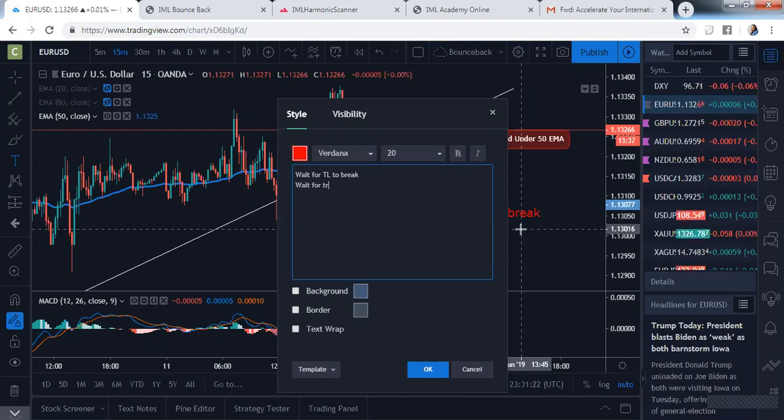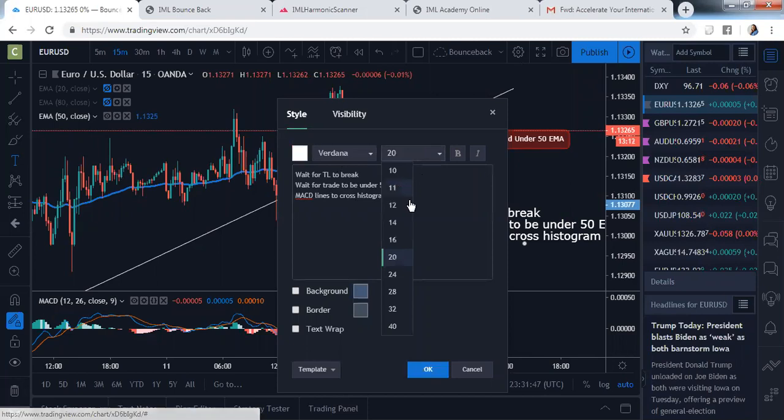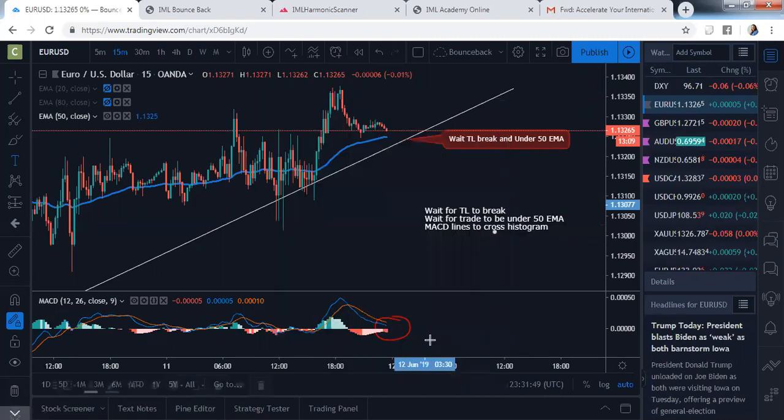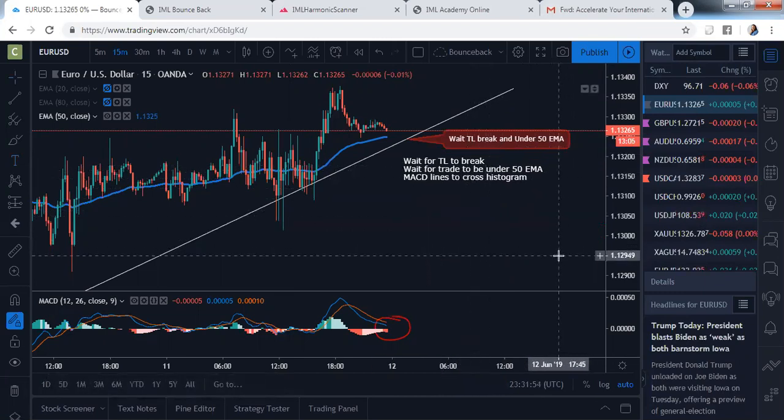Wait for trade to be under 50 EMA and MACD line histogram. Nice and simple. Boom. That's all you're waiting for there.